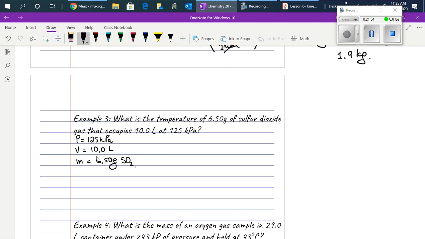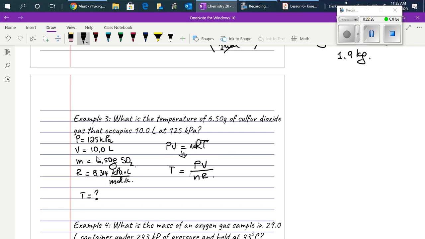And then we have the gas constant R as 8.314 kPa L over mole K. And we are looking for temperature. In the ideal gas law, PV is equal to nRT. From here, we find that T is equal to PV over nR.